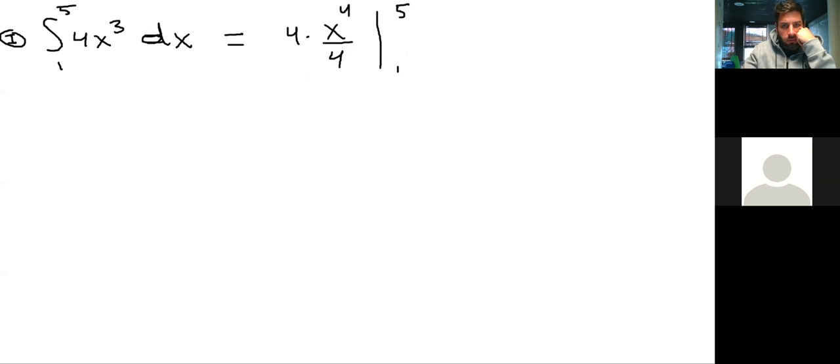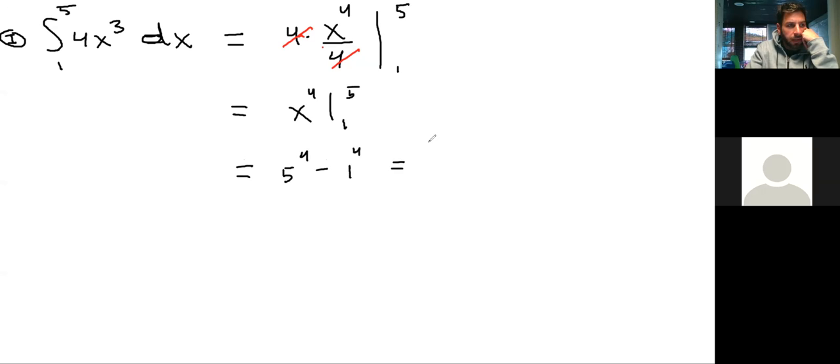And of course, what's going to happen here, these 4s are a common factor, so they cancel. This becomes x to the 4th evaluated from 1 to 5, which is 5 to the 4th power minus 1 to the 4th power.